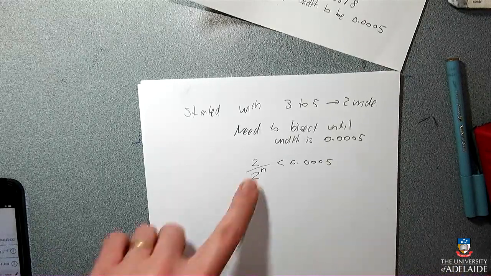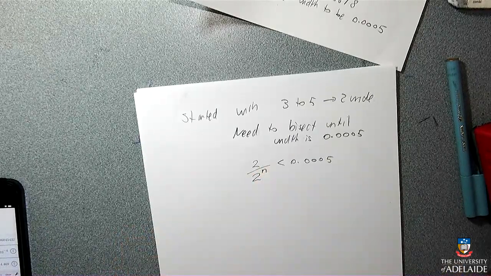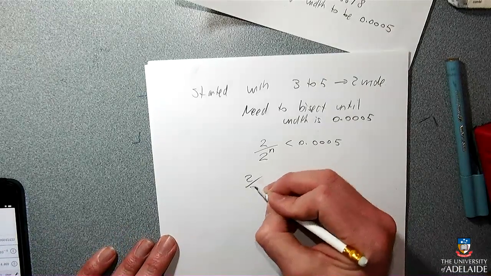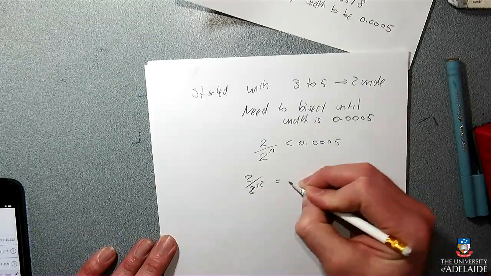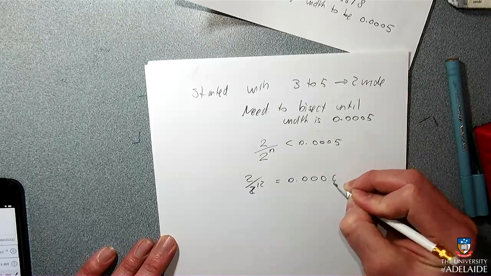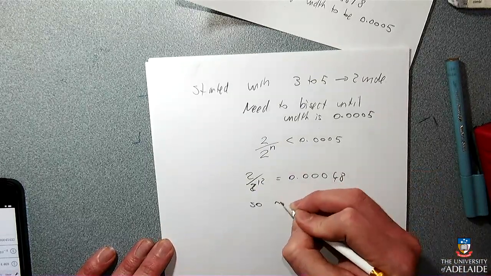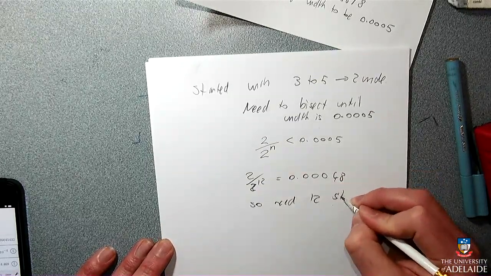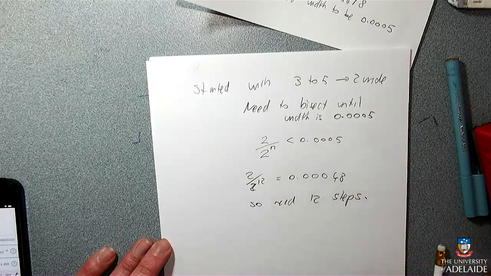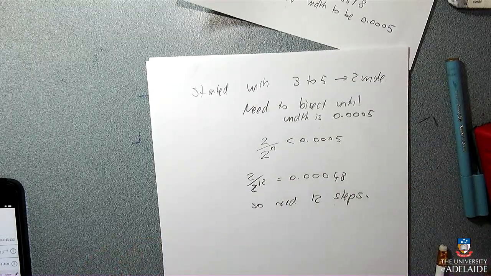So I just kept trying different answers for n until it got small enough. So 2 over 2 to the 12 was 0.00048. So we need 12 steps. I don't know if they'll ask that question, but it's useful to be able to think about it.